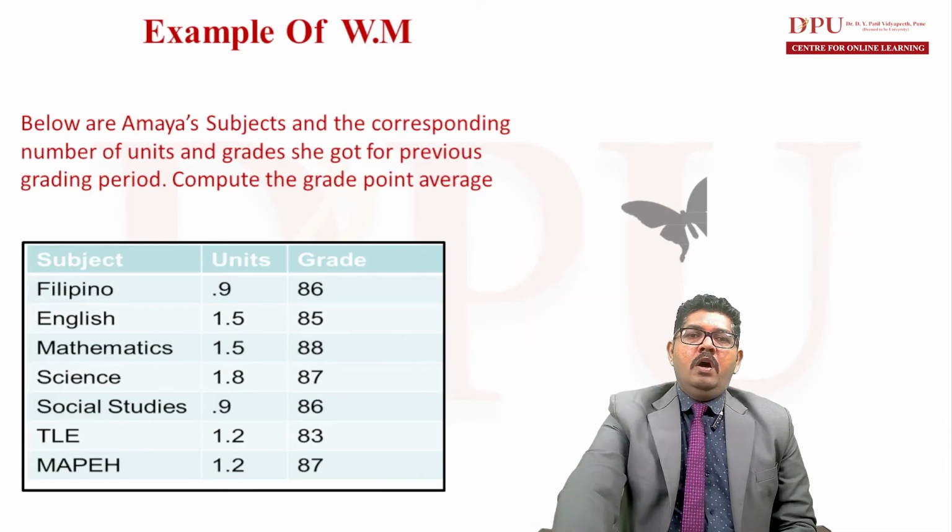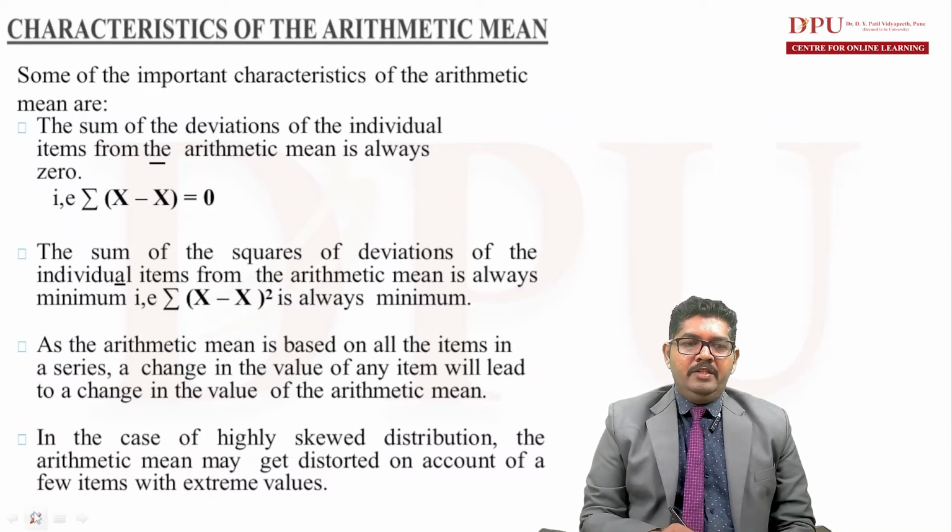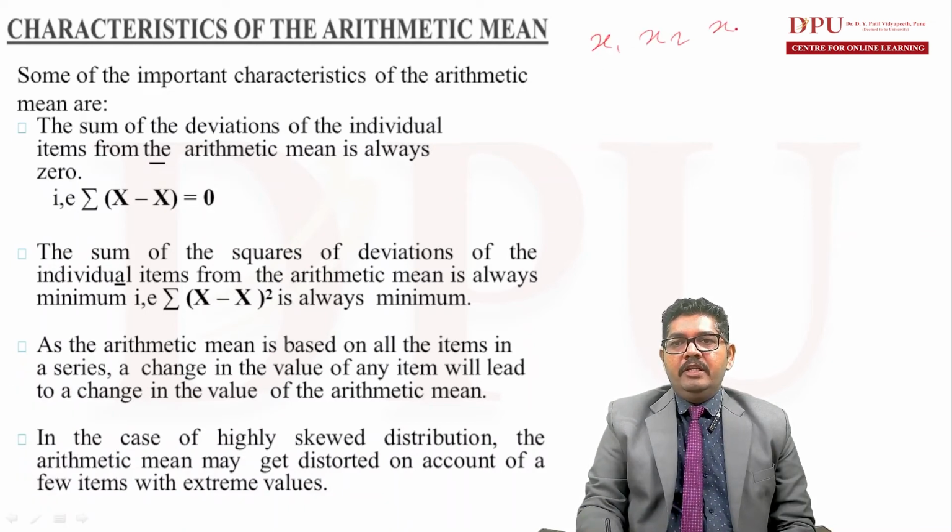Alright. Now one thing we must understand about arithmetic mean is that when we multiply each and every observation in the data set by a value k, the arithmetic mean is also multiplied by k. I will explain this. Suppose x1, x2, x3 are the 3 values. The arithmetic mean of these 3 values is equal to x1 plus x2 plus x3 divided by the number of observations, 3.